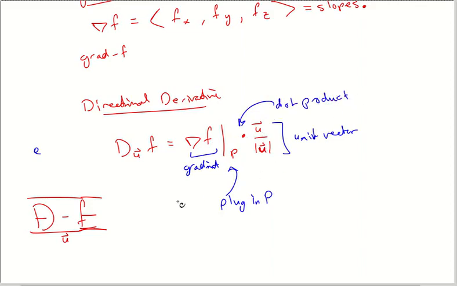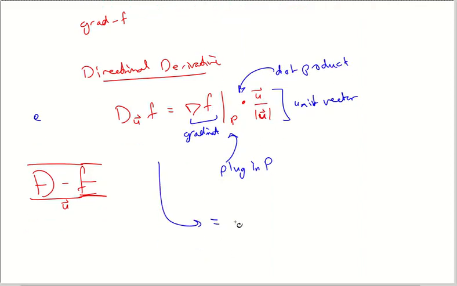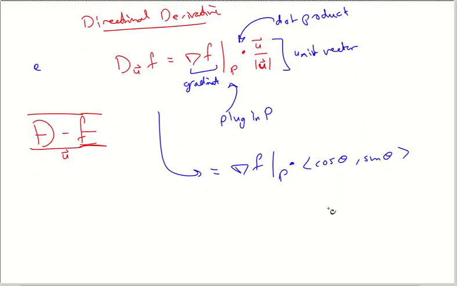As an alternative version, you could also use grad f at p dot cosine theta, sine theta. In this particular case, we have an angle on the unit circle. So there you go, the directional derivative says how much slope you have.